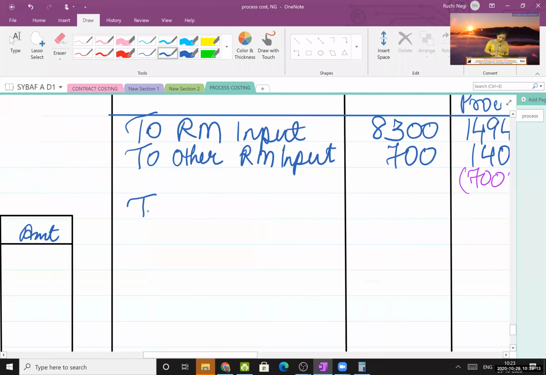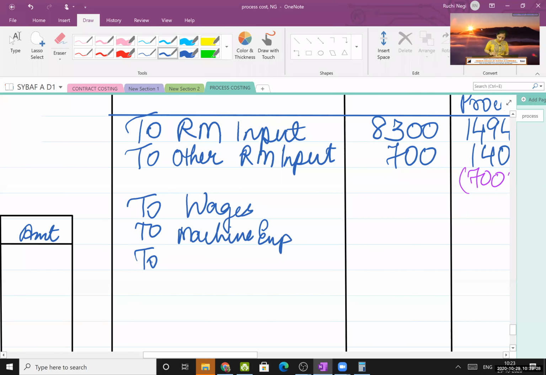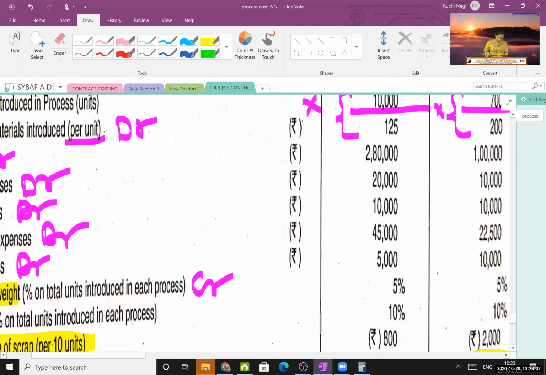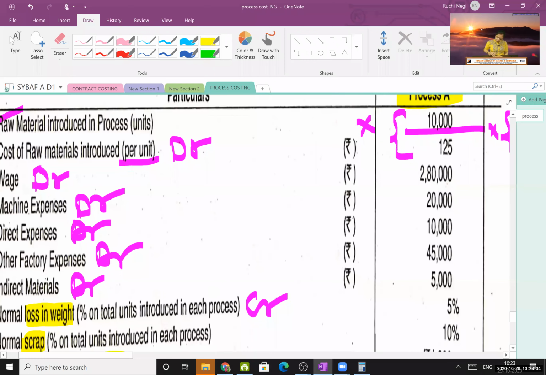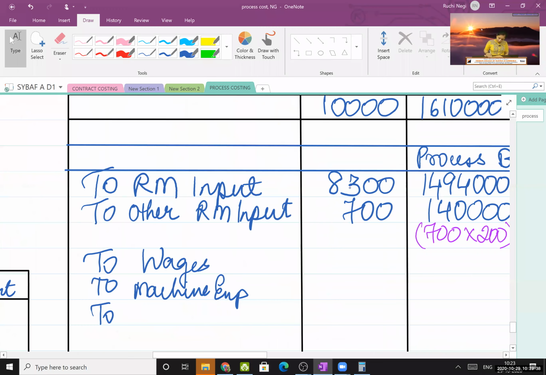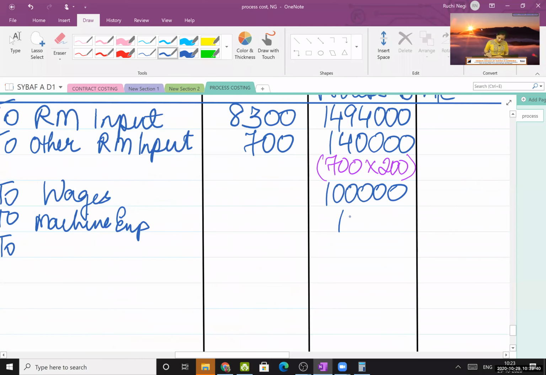Then same thing, to wages और वो सब वापस लिखना. To wages, to machine expense. Wages कितना है? 1 lakh, machine expense 10,000.